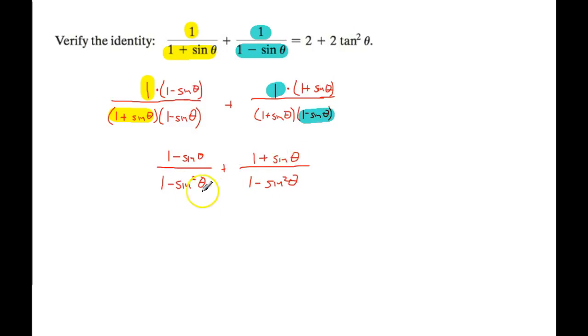Because I have a common denominator, I can combine the two numerators. When I combine the two numerators, I'll have a 1 minus sine squared theta on the bottom. I'll have a 1 plus 1, which is 2. And then I'll have a negative sine theta plus a positive sine theta, which is 0. So I'm going to move that to there.